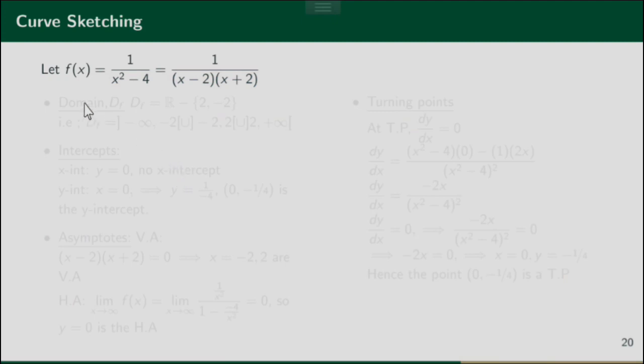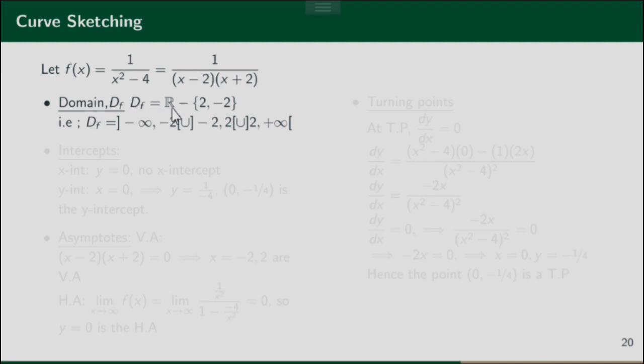So the function is 1 over x squared minus 4. Notice that the denominator can be written as the difference of two squares. I can write this as x squared minus 2 squared, which can be rewritten as x minus 2 into x plus 2. Now, the domain of the function, which is of course the first property we have to investigate, let's call that D of f.